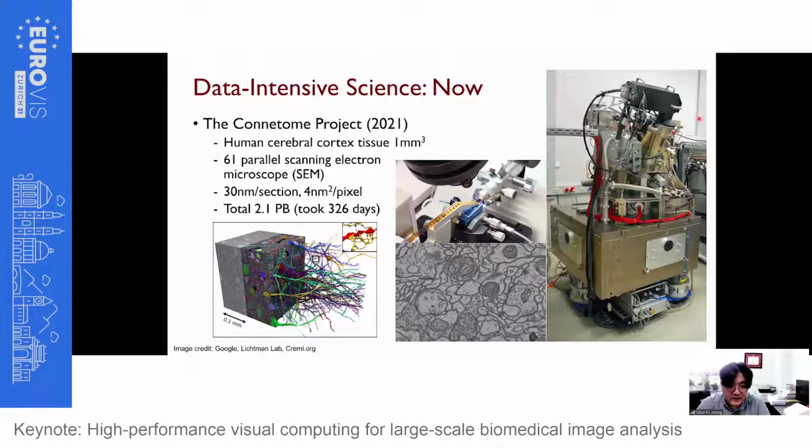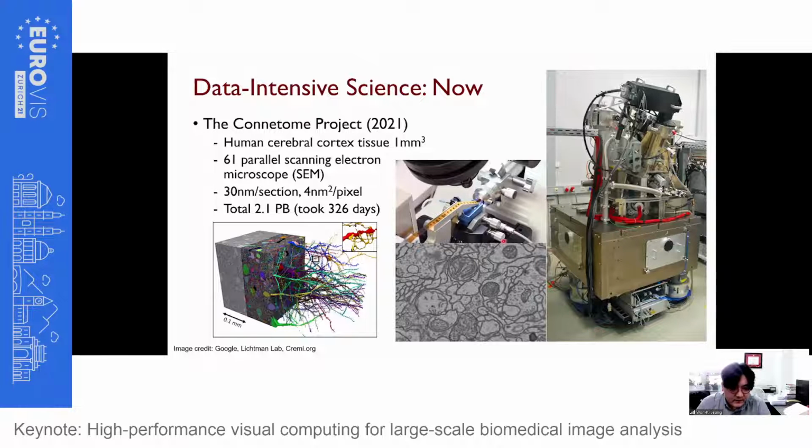As you can see here, this is a picture of a parallel scanning electron microscope, SEM, at Harvard University in Lichtman's lab. This is a 61-beam parallel scanning electron microscope, which means it has 61 SEMs altogether. So theoretically it should be about 60 times faster than a single SEM.